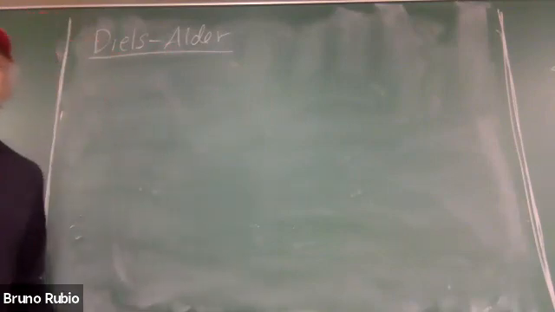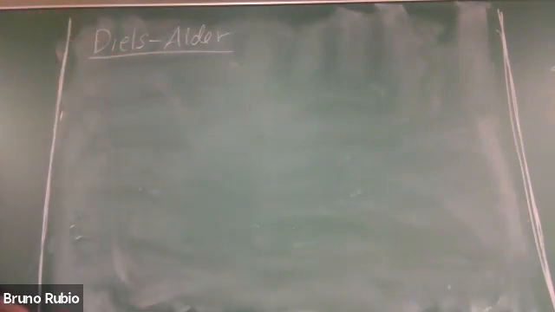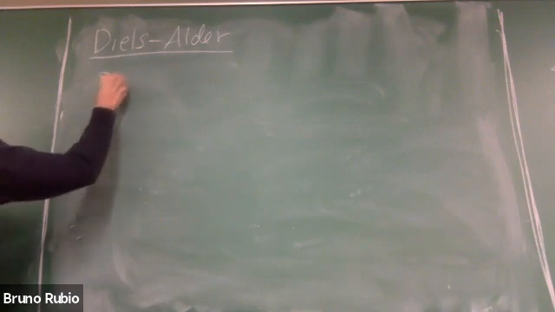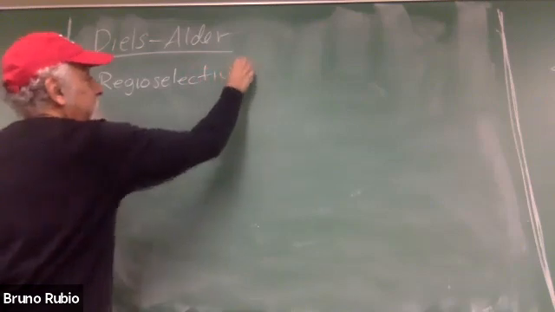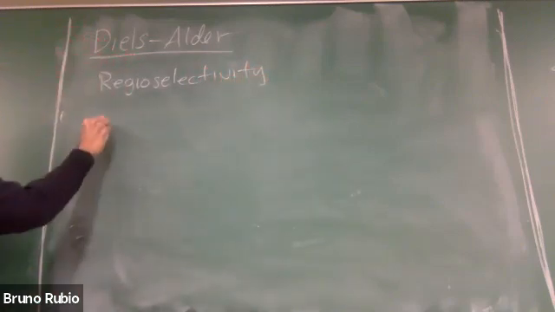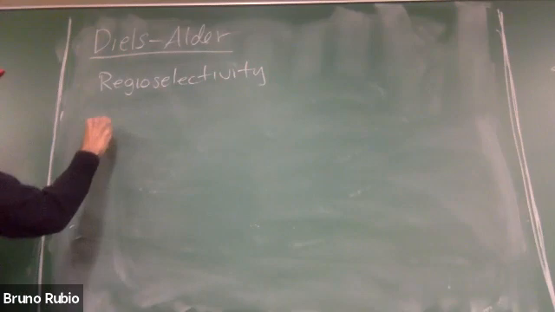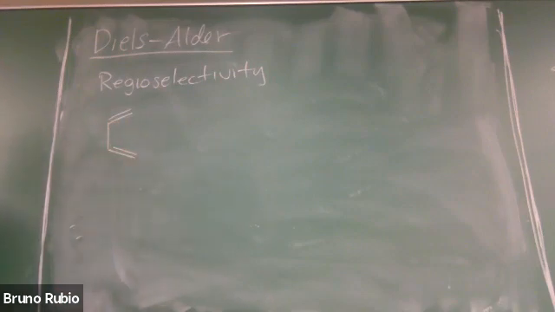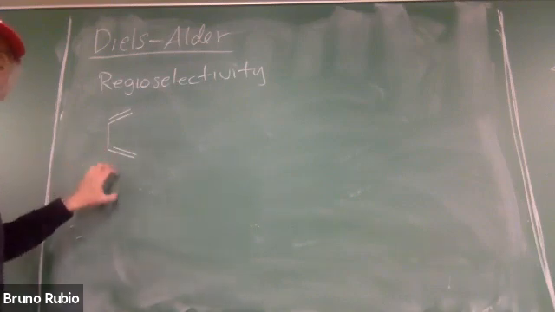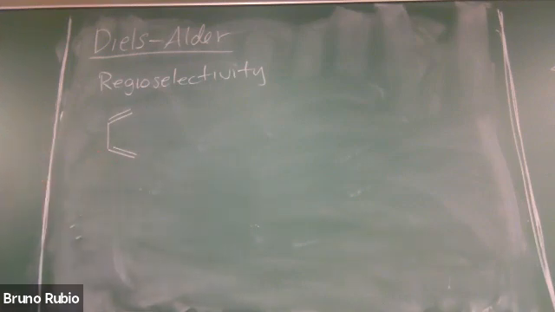Next, let's talk about regioselectivity. So here's our diene, and now I'm going to put an electron donating group on the diene.